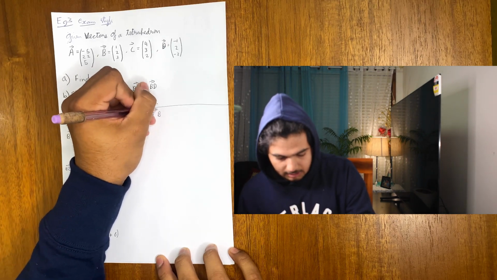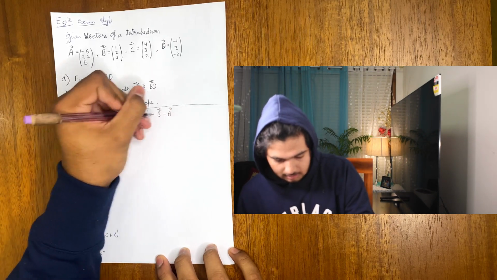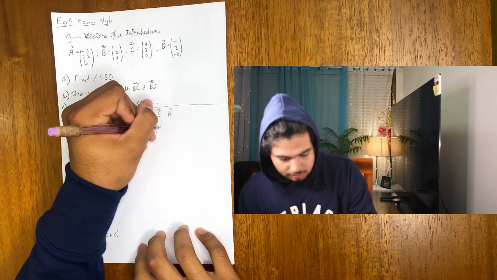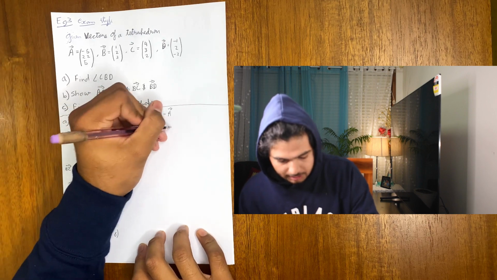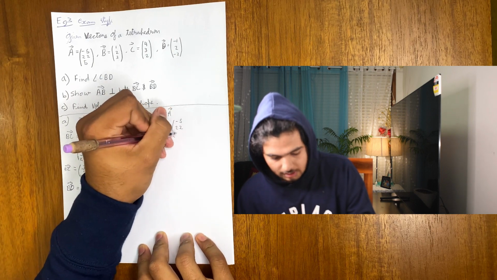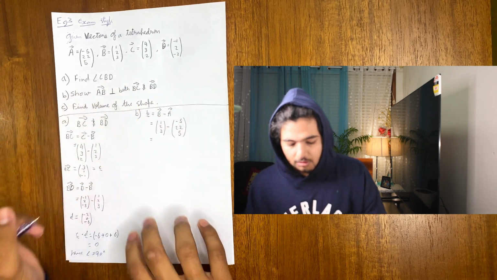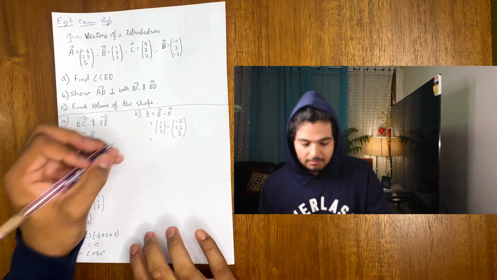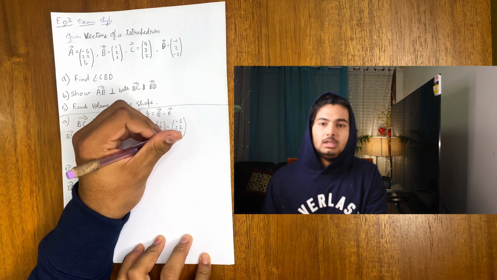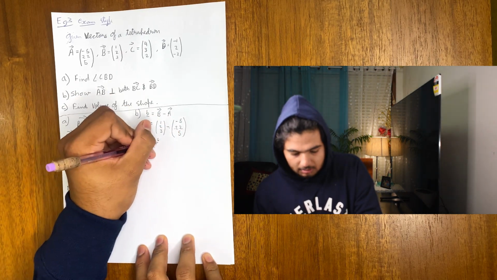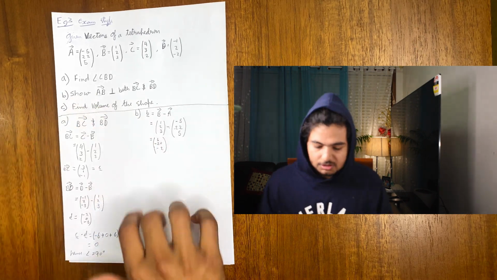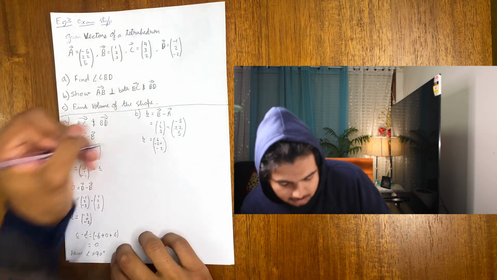It is going to be vector B minus vector A. Vector B is 1, 2, 3 minus A, negative 5, 22, and 5. 1 minus negative 5 is 1 plus 5, which is going to be 6. 2 minus 22 is negative 20. And then the last one, 3 minus 5, is negative 2. This is what lowercase b gives me.